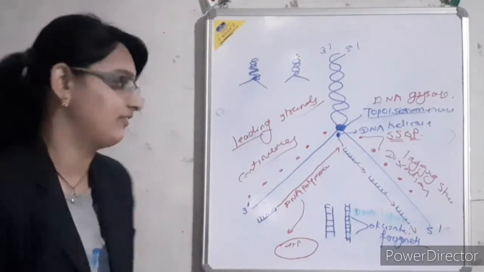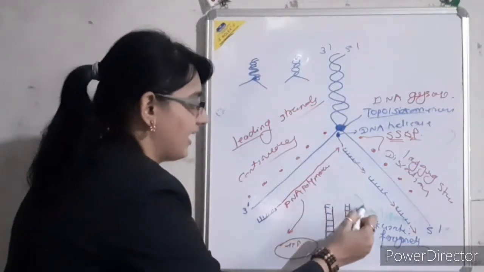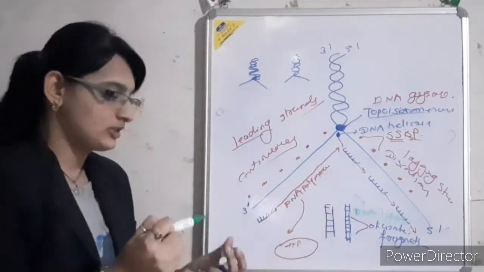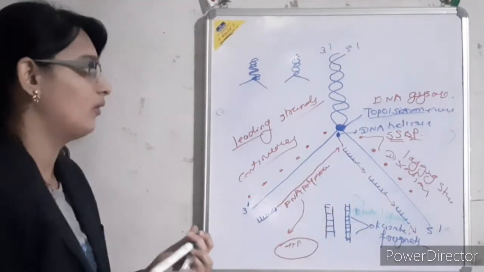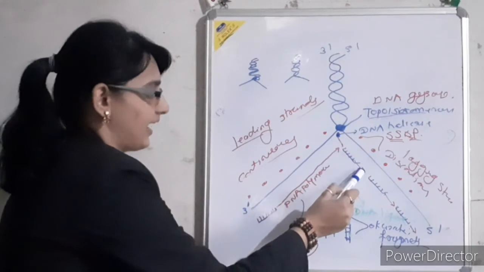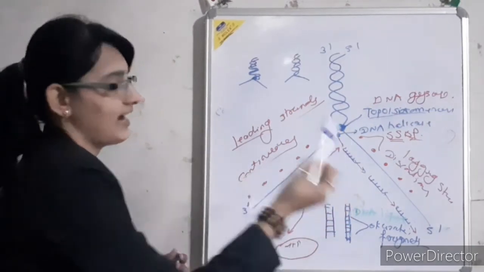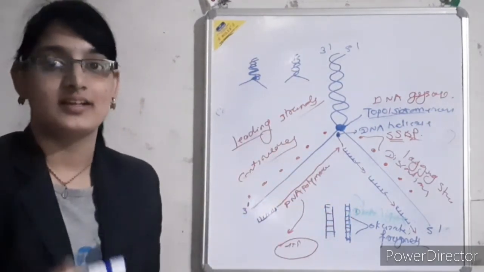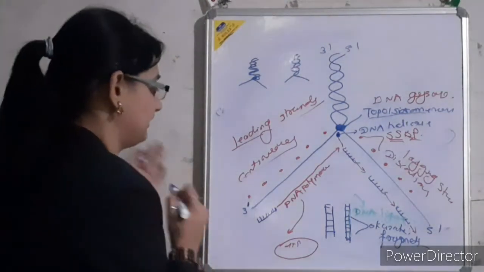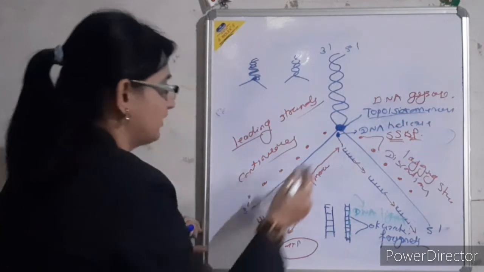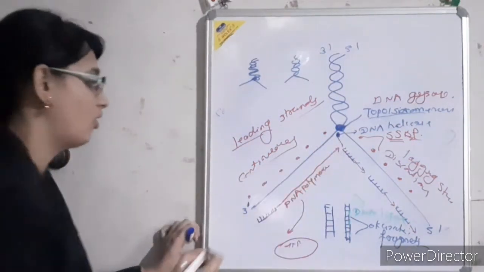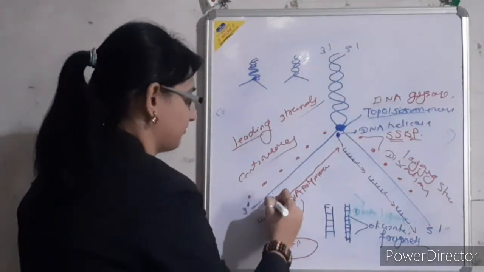In this way we have two new strands with old strands in a semi-conservative manner. Here the parental strands are called the template.